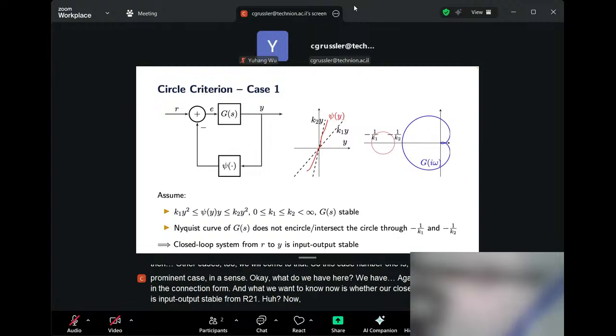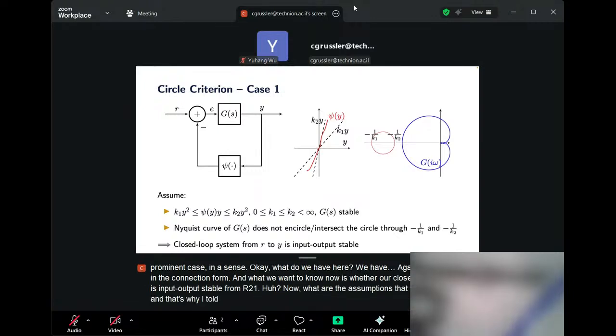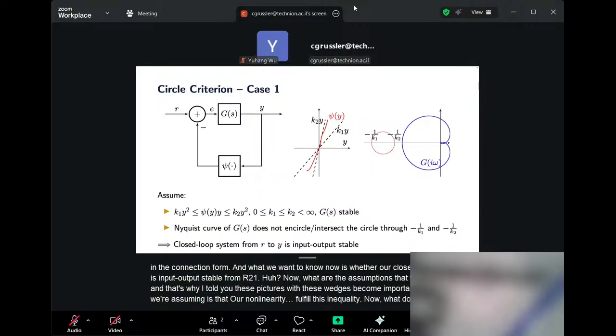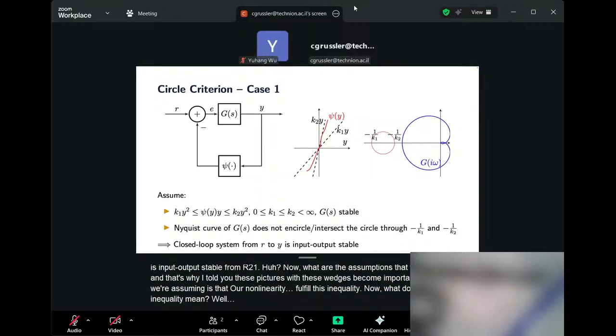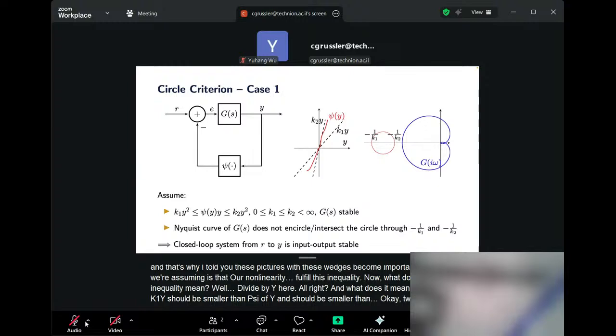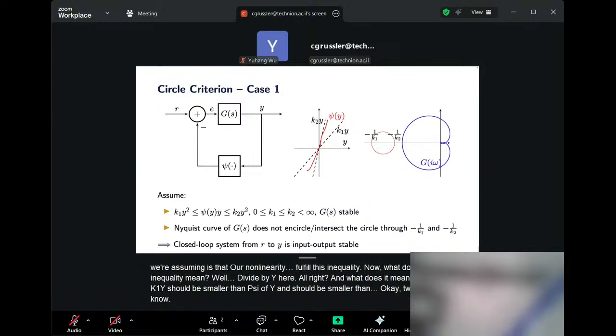Now, what are the assumptions that we are making? That's why I told you these pictures with these branches become important. What we are assuming is that our nonlinearity fulfills this inequality. What does this inequality mean? Well, divide by y. It means that k1 y should be smaller than psi of y and should be smaller than k2 y if y is greater than 0.